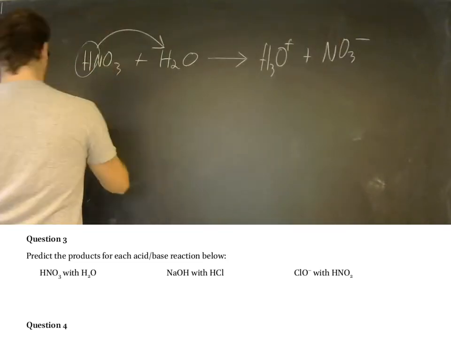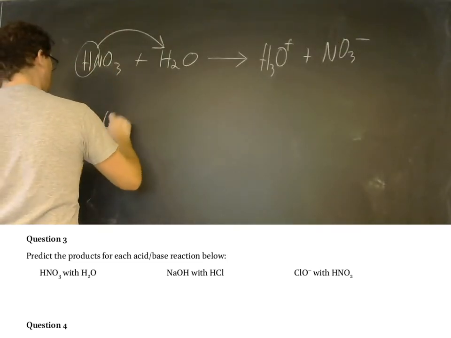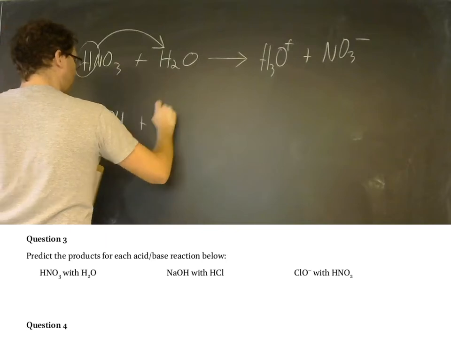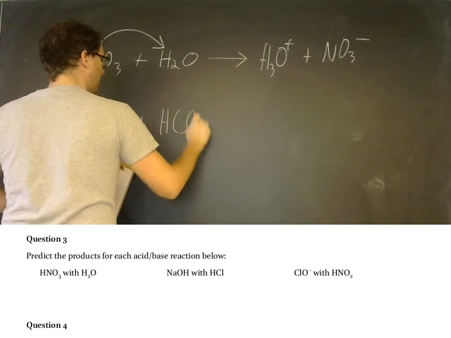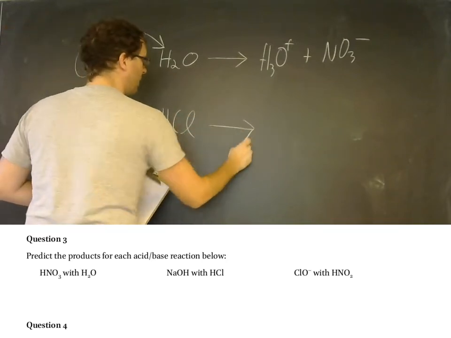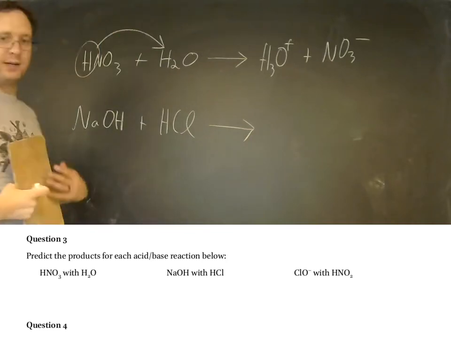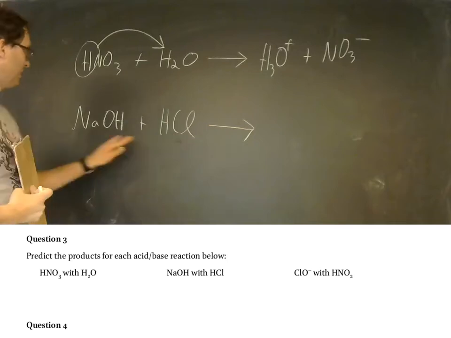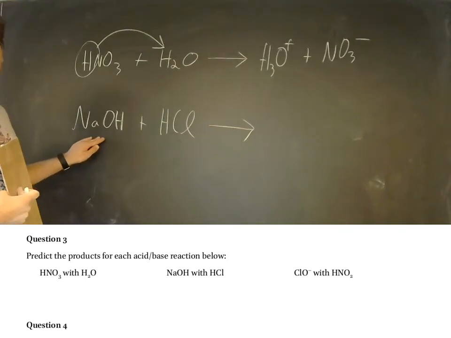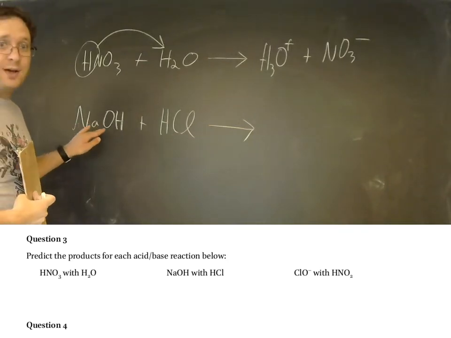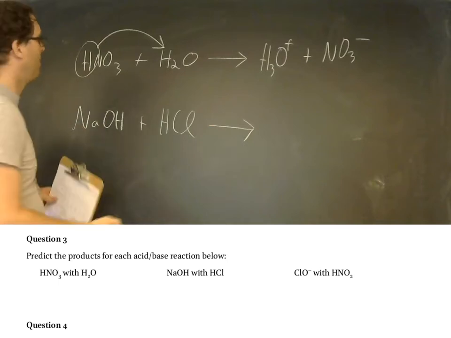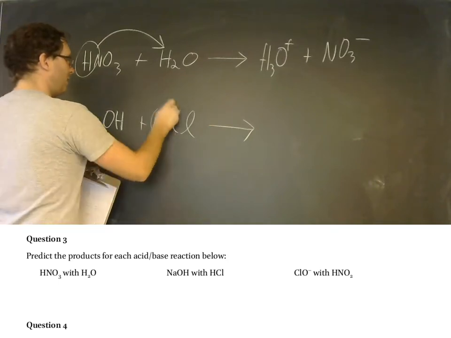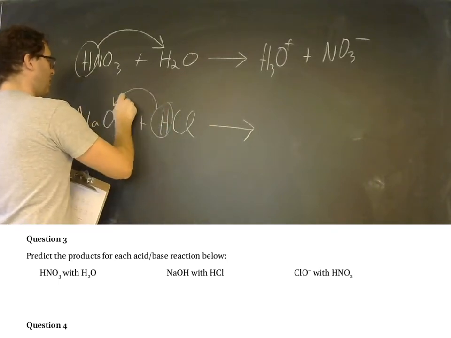What about NaOH plus HCl? This one's also pretty easy to identify which is the base and which is the acid. HCl is one of our 7 strong acids. NaOH is a group 1 hydroxide salt. That's one of our strong bases. And so the acid will donate a hydrogen to the base.